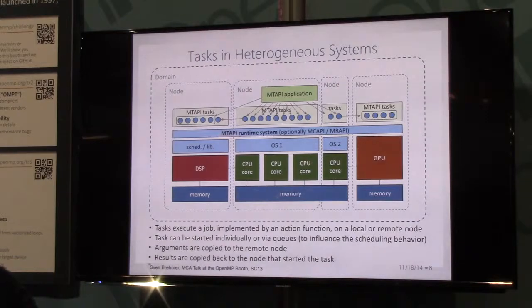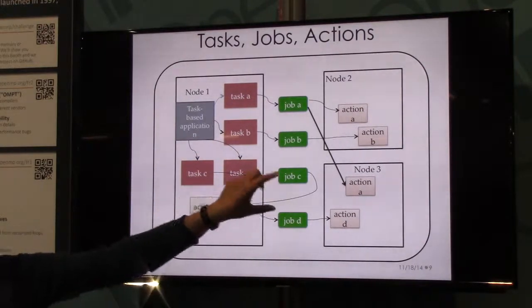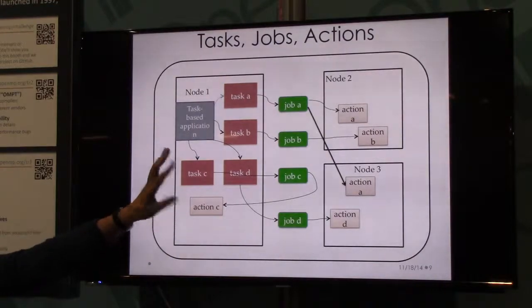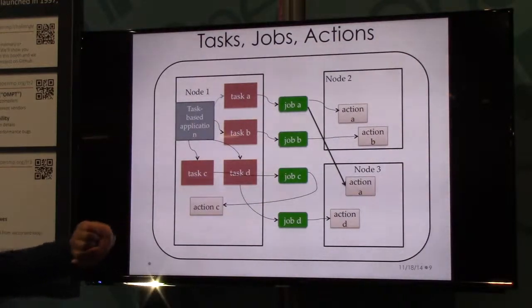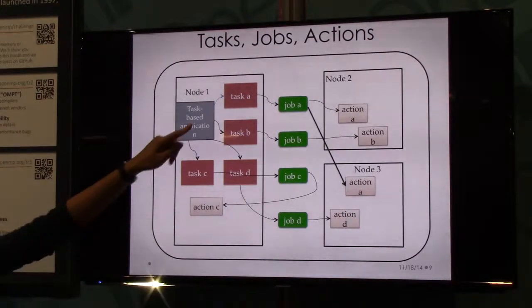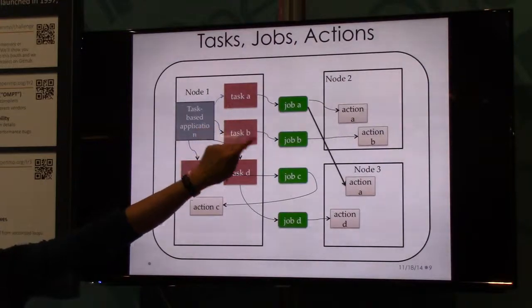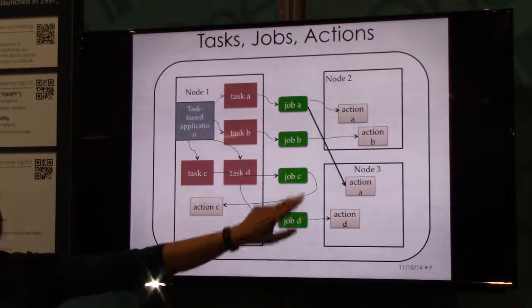So the idea that the MCAPI multicore task management APIs have put together is somewhat like this. Each of these nodes, you could look at as a device, so it could be device 1, 2, and 3. You have a task-based application, and the application is broken down into a bunch of tasks, but there is a job associated with the task, and there are multiple actions associated with the task.